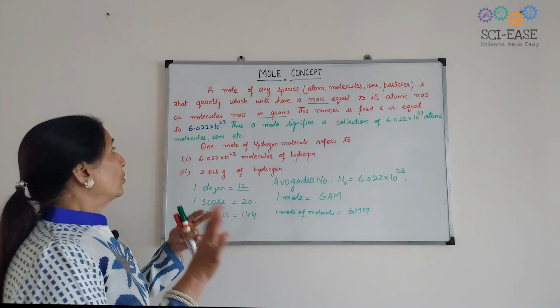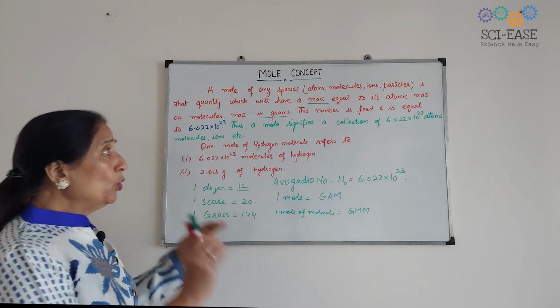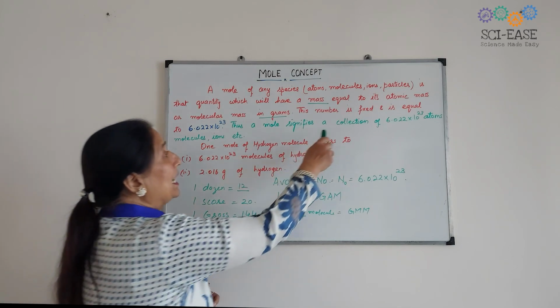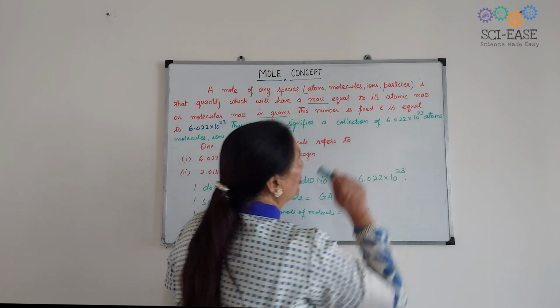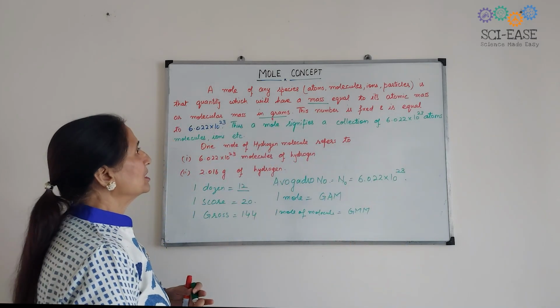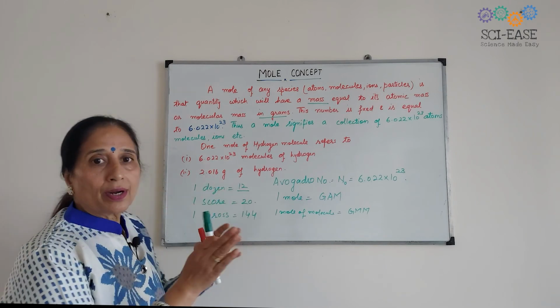Okay, so mole signifies a collection of 6.022 into 10 to the power 23 atoms or molecules or ions.